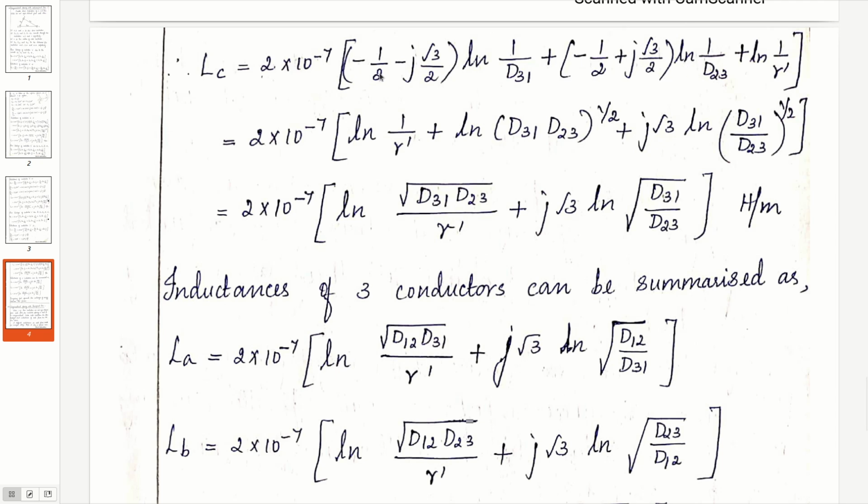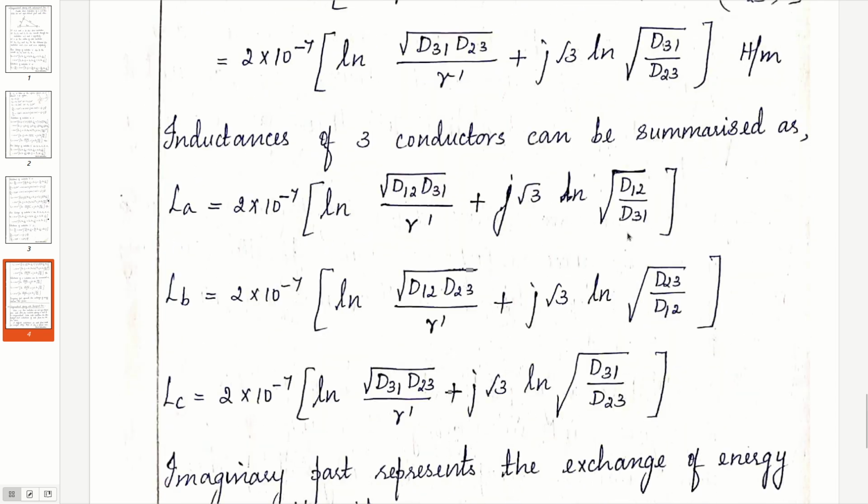Okay, again you can see you will get 1 by 2 ln d31, here also 1 by 2 ln d23. Combine both as ln d31 d23. So 1 by 2 ln d31 d23 will become ln of square root of d31 d23. In the same way, this term and this term can be combined like this. So now you will get LC as 2 into 10 to the power minus 7 ln root of d31 d23 by r dash plus j root 3 ln square root of d31 by d23 Henry per meter.